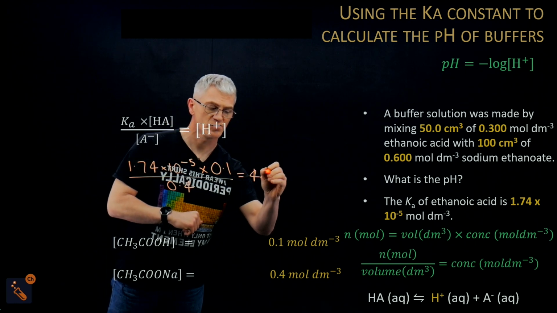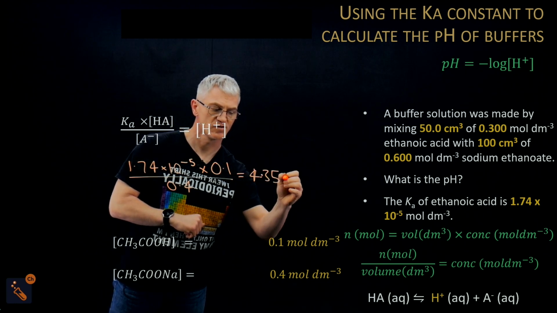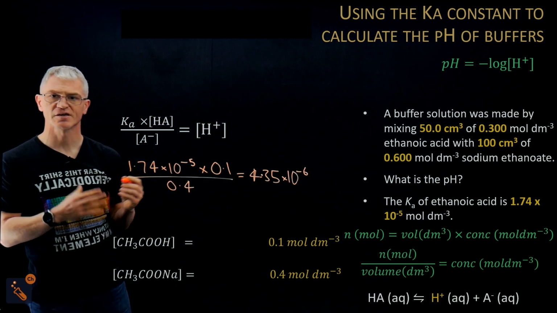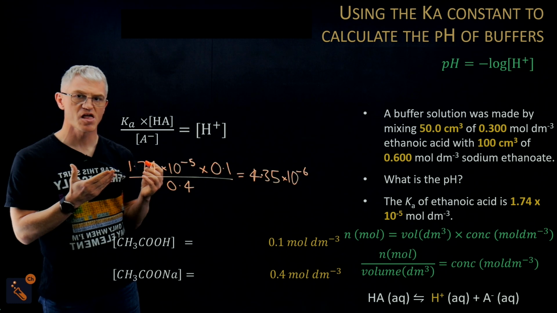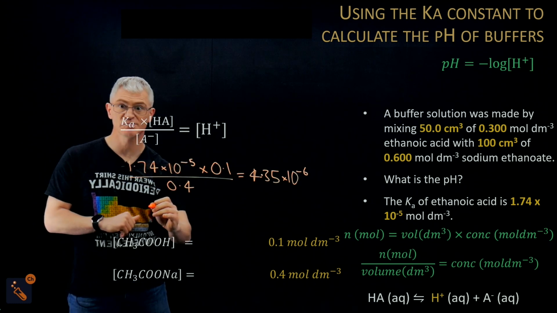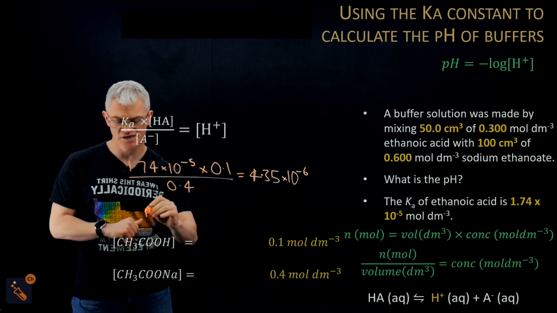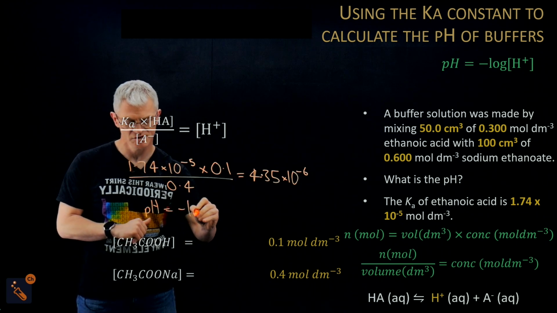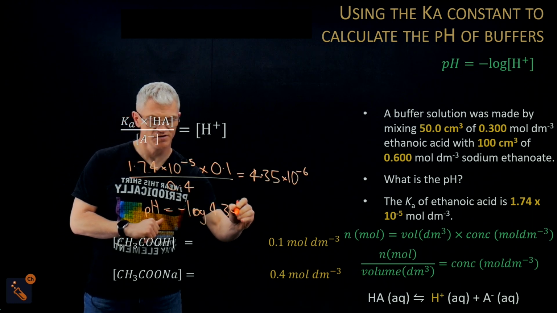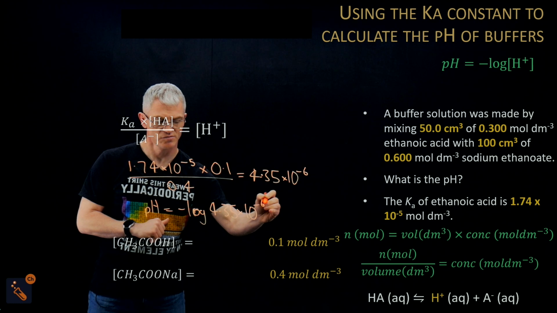So we've got essentially our H plus concentration, and all we have to do now is put it into pH. So pH is equal to minus log of 4.35 times 10 to the minus 6.